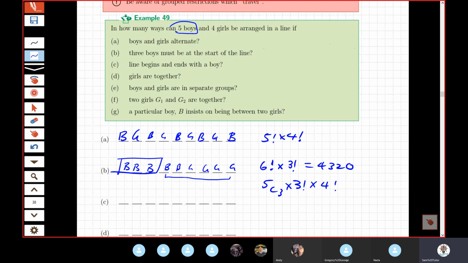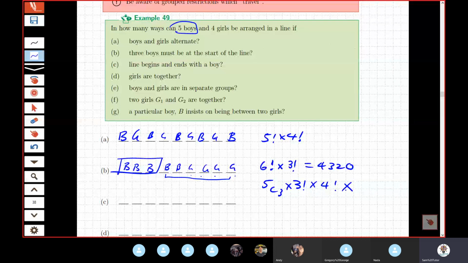Now the boys, it doesn't matter where they sit. So these guys have to automatically sit in here. Times 4 factorial, 1, 2, 3, 4. The girl's moving. Then there's another 2 people that can move, which is what I'm not taking into account.